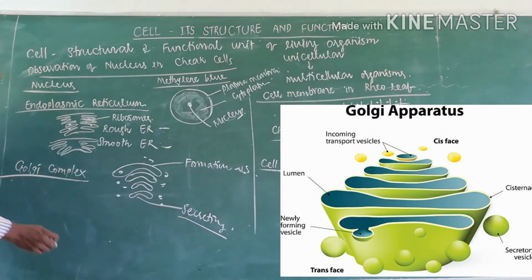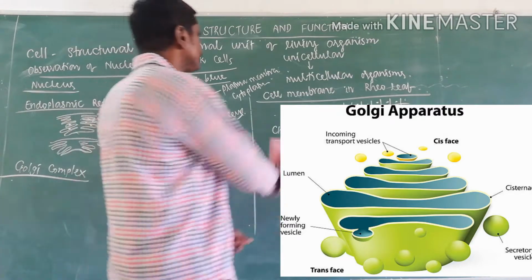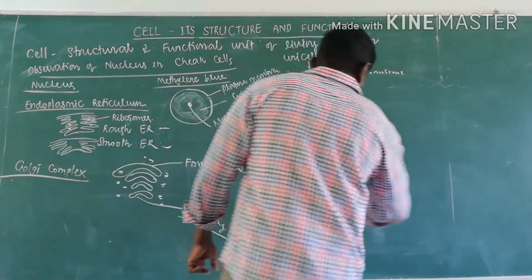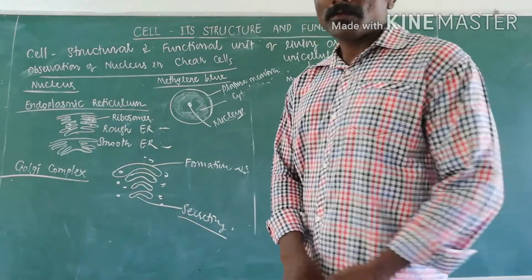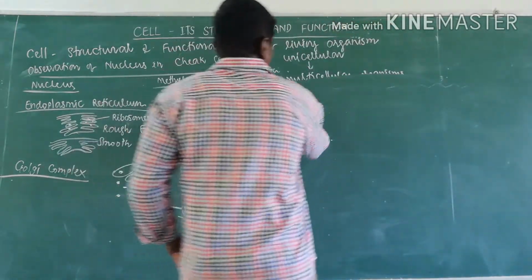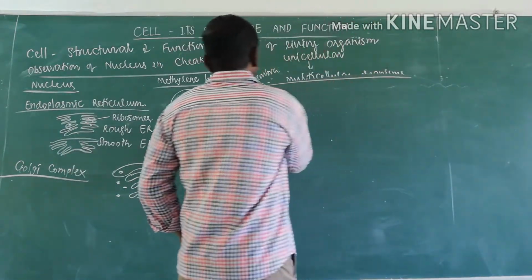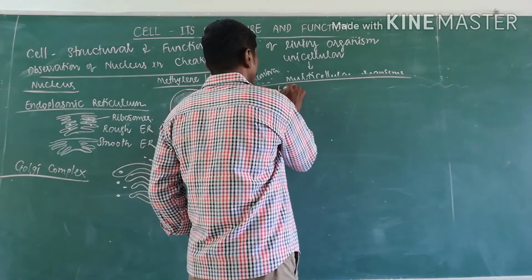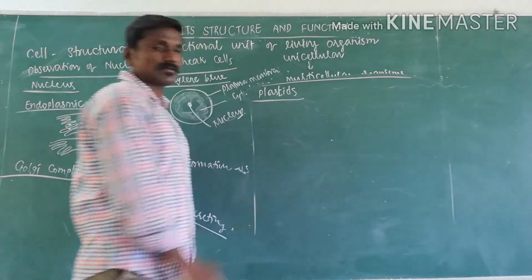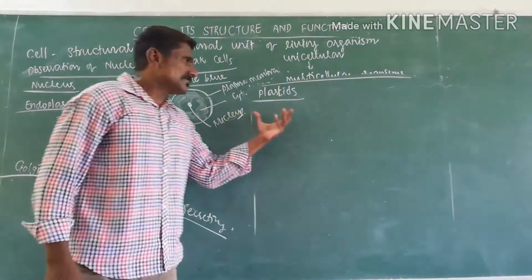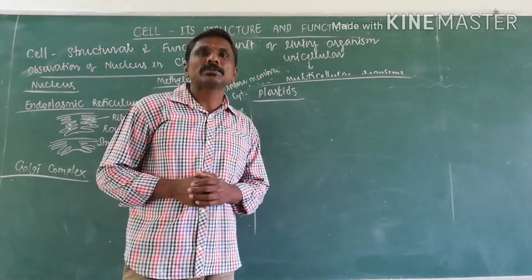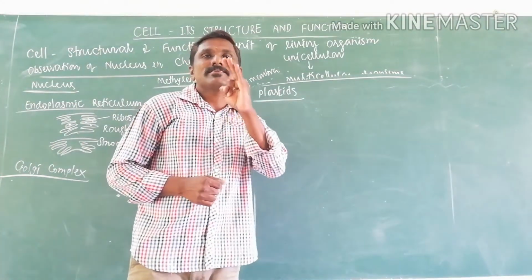Okay, next we discuss another one here: plastids. Plastids are oval-shaped organelles present only in the plant cell.